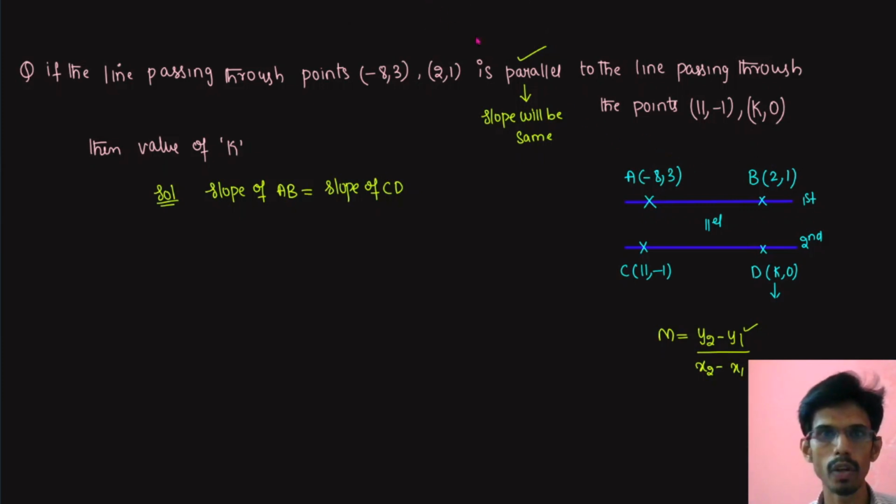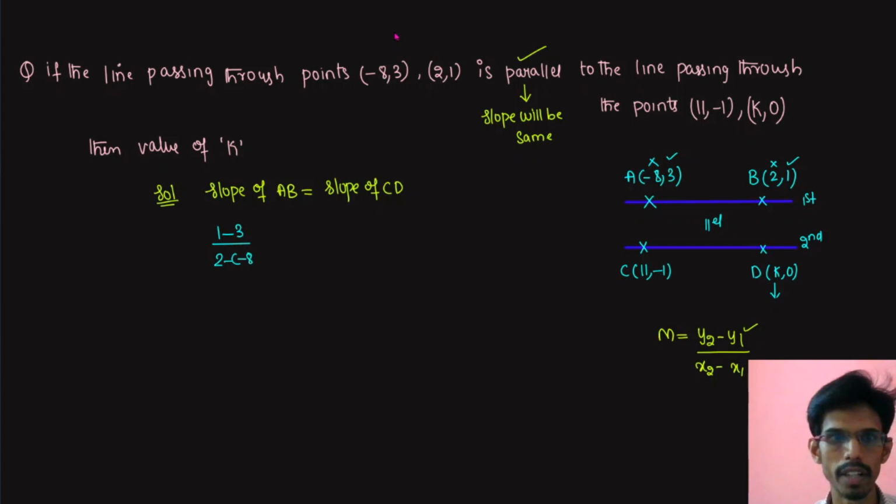Taking the difference of y coordinates, y2 minus y1 is 1 minus 3, upon x2 minus x1, which is 2 minus minus 8. Similarly for the slope of CD, y2 minus y1 is 0 minus of minus 1, upon x2 minus x1, which is k minus 11.